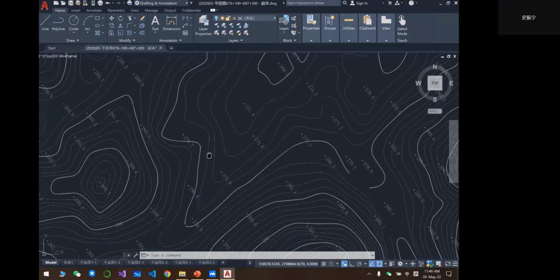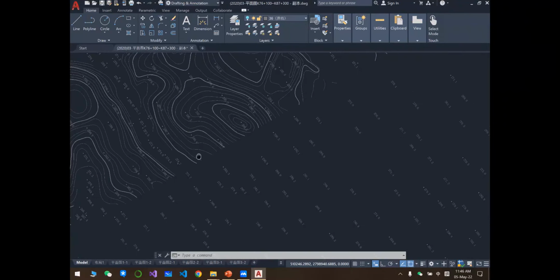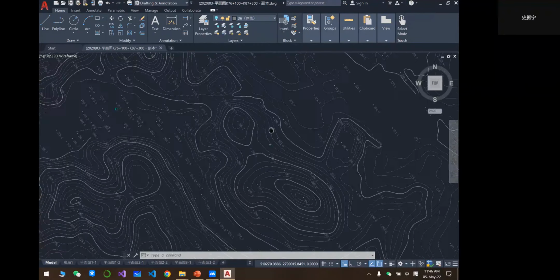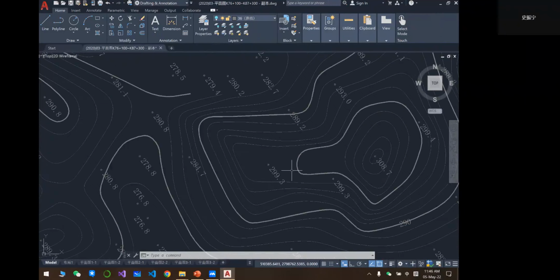So let me find a ridge. This one, I think this one is a ridge because this is a top, and from this point to this one, here is a ridge because the direction of the contour line is towards the descending direction.